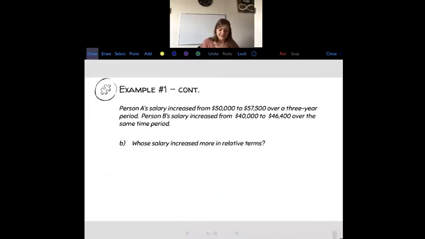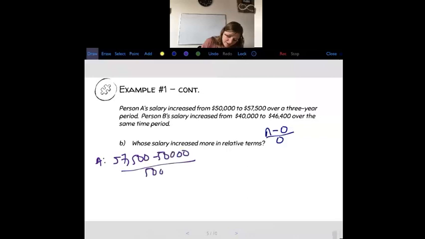Okay. Part B, whose salary increased more in relative terms? We'll do the same thing. Our formula, again, is new minus old divided by old, which will give us relative change as a percent. So person A, $57,500 minus $50,000 divided by $50,000 gives us 0.15, which is a 15% increase.